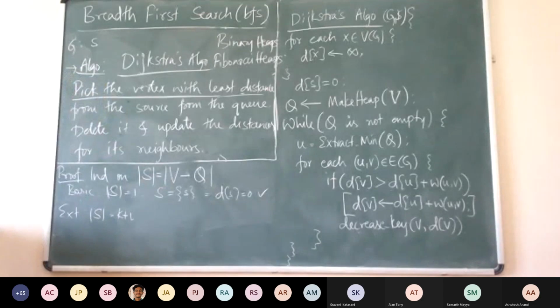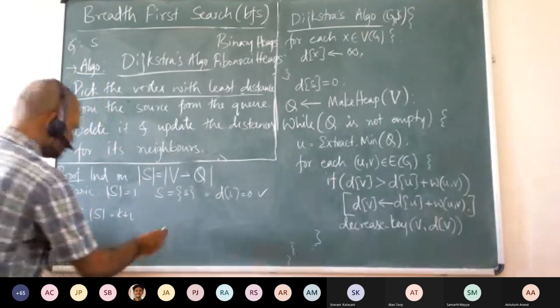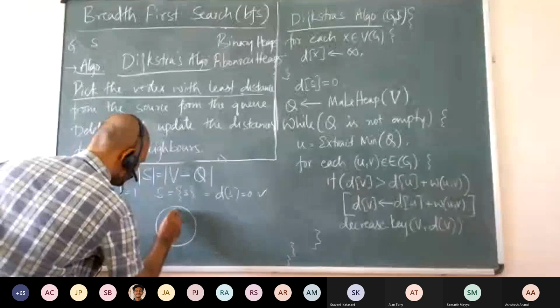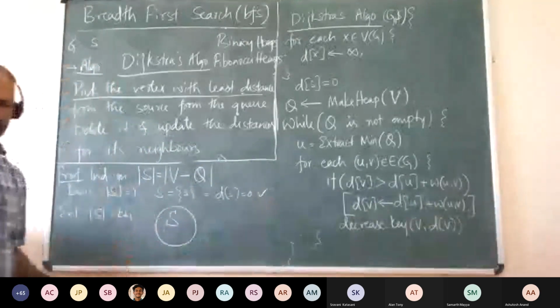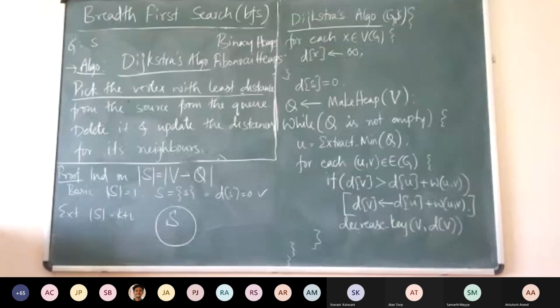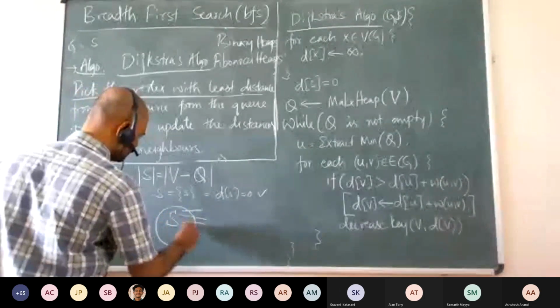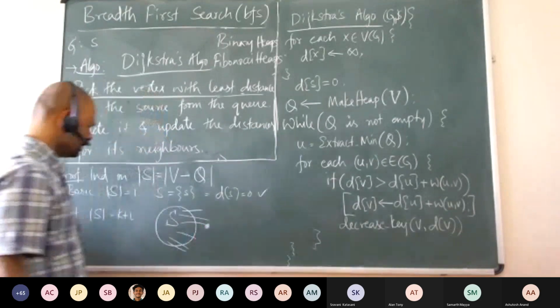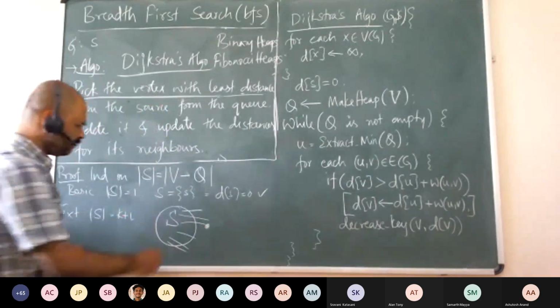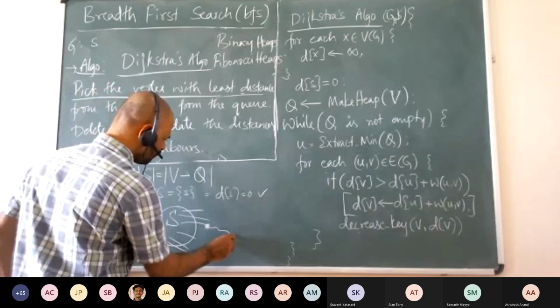Now, notice that suppose this is S, the next shortest one has to be a vertex which is adjacent to this S somewhere. And the distances to these have been set correctly, so that is easy to see. If it is not adjacent to them, it will be somewhere here.